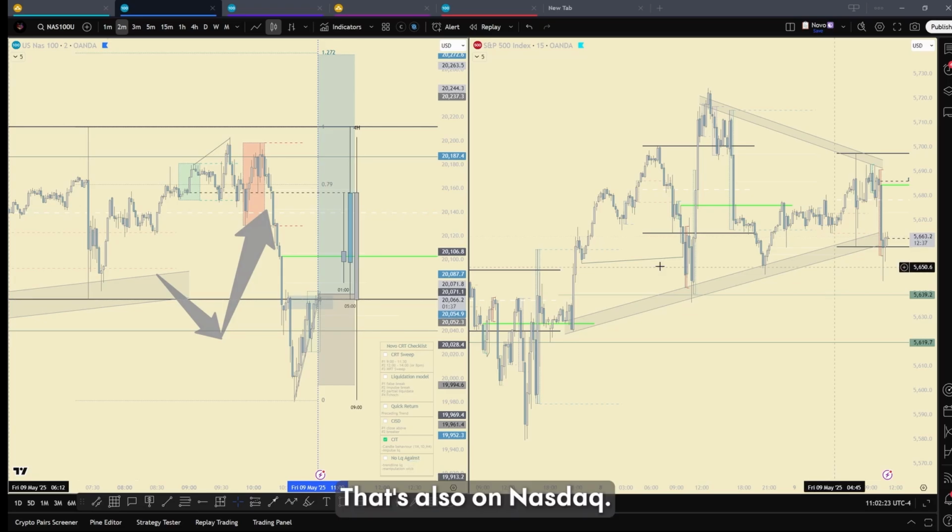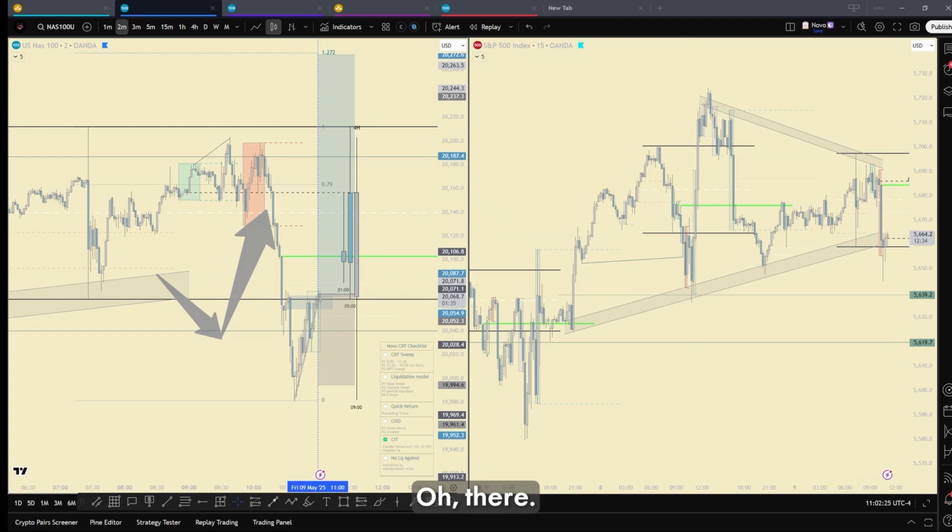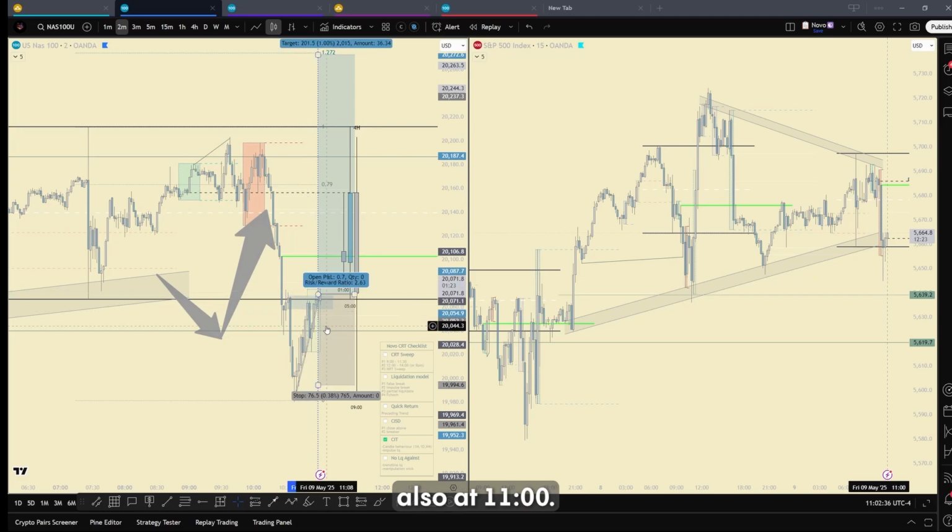That's also Nasdaq. So zero there. Then want this to, I haven't fully got the change of state. You want this to be broken above. We just returned to the range also at 11 o'clock.